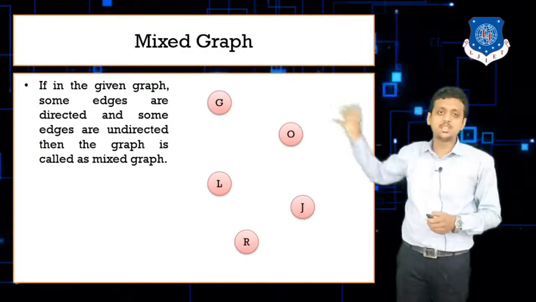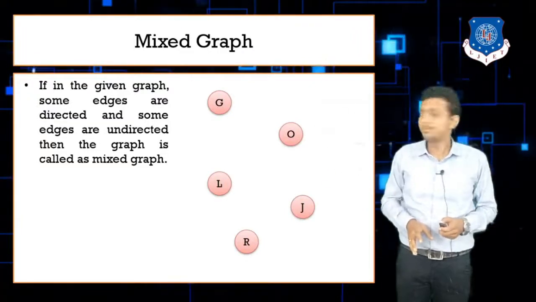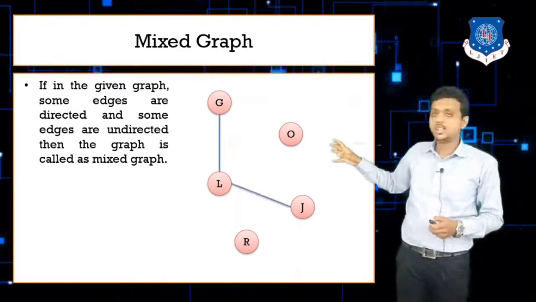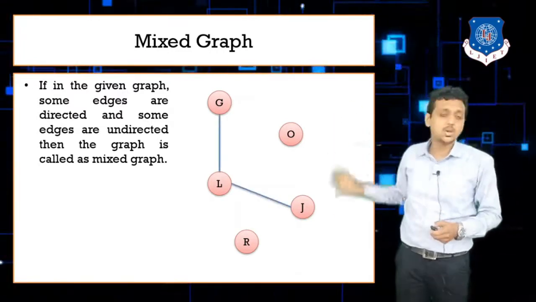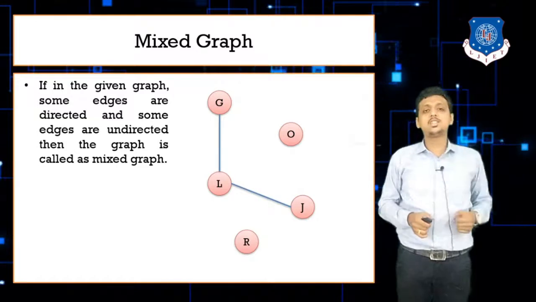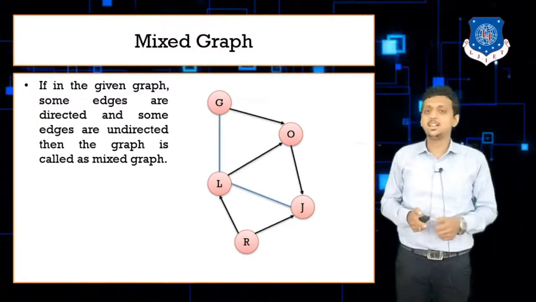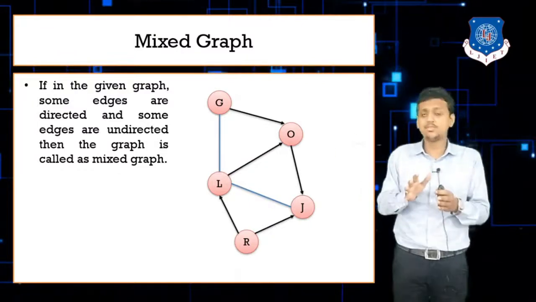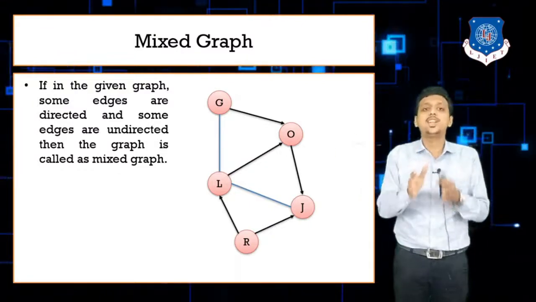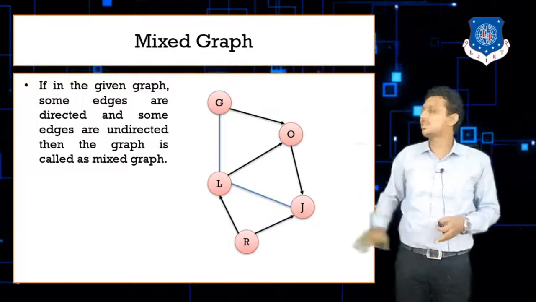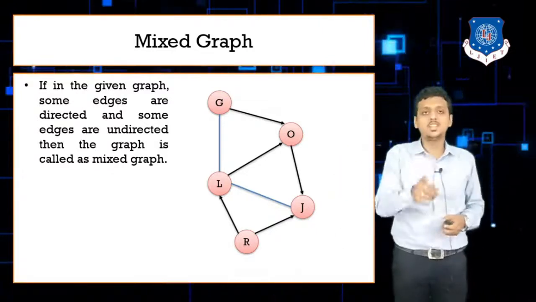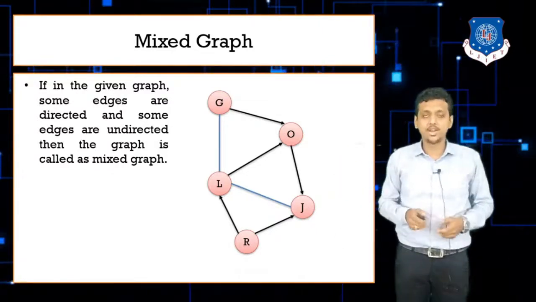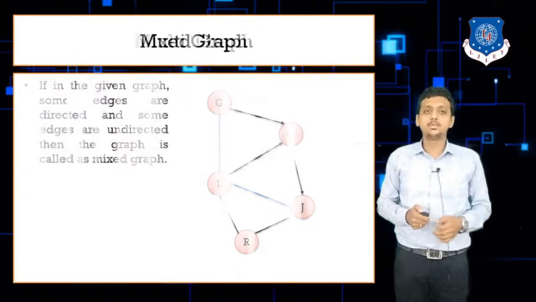Just imagine I'm taking these 4 nodes, and see, these 2 edges are undirected and the rest of the edges are directed. So this graph is a combination of directed and undirected. That's why it is known as a mixed graph. Fine. Now let's move further.